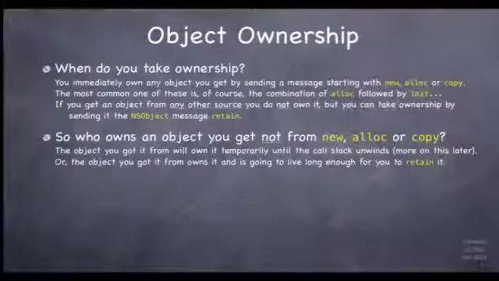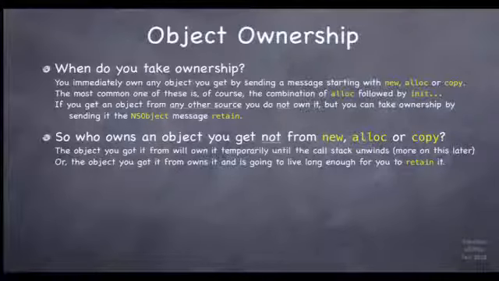All right, so what about all the rest of the ways you get an object? If you don't call new or alloc or copy, you call some other method, you have to say retain if you want to keep it. How does that work? How is someone going to give you the opportunity to retain and own it, when they don't own it anymore because they only want to own it long enough to give you a chance to own it yourself, and then they're done with it?